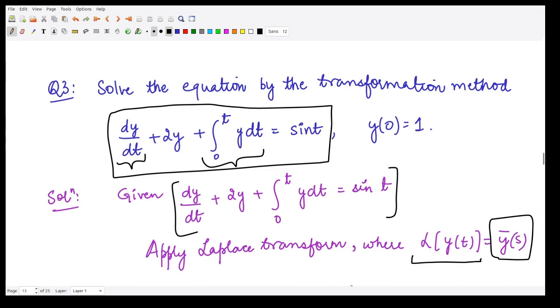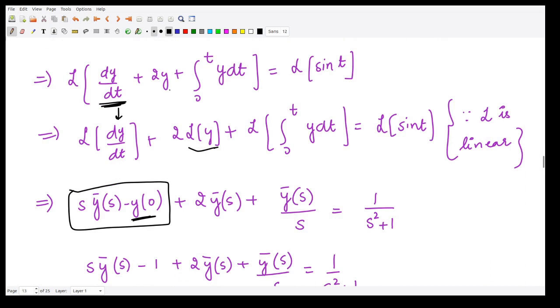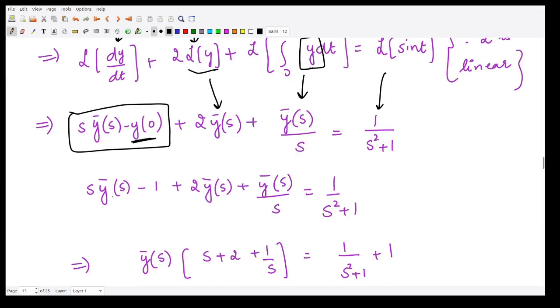This is given to you as 1, right? And for the second term, the Laplace transform of y comes out to be y bar. For the third term, the Laplace transform of the integral comes out to be the Laplace transform of this quantity divided by s. And the Laplace transform of sine t comes out to be 1 divided by s square plus 1. So now we can simplify our expression for y bar s.